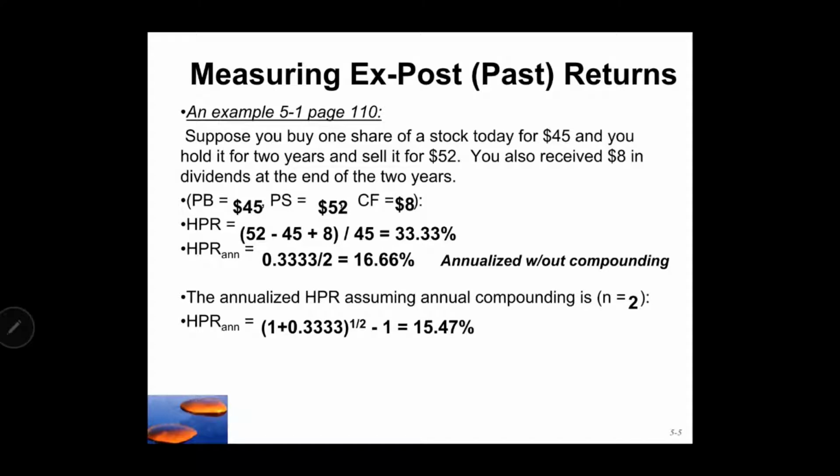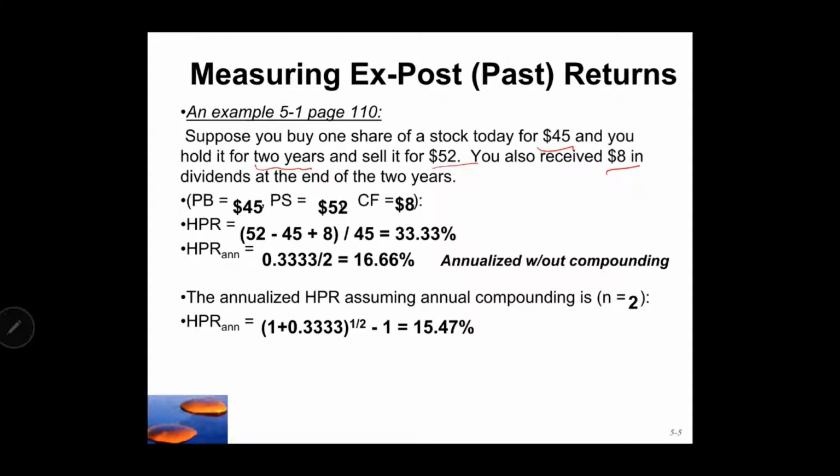Let's understand the HPR using a simple example given on page 110. Suppose you buy one share of stock today for $45 and you hold it for 2 years and sell it for $52. You have received $8 in dividends at the end of the 2 periods.